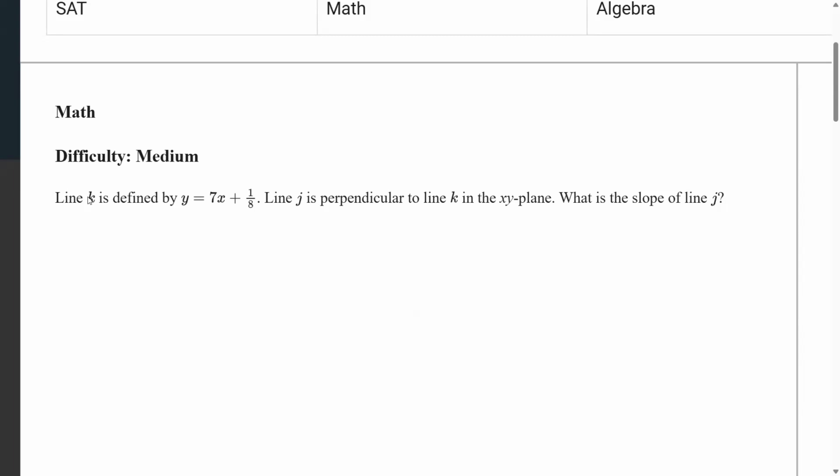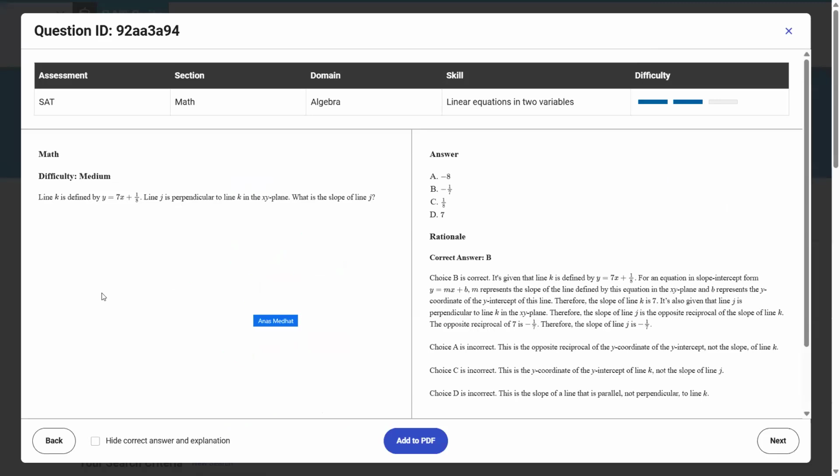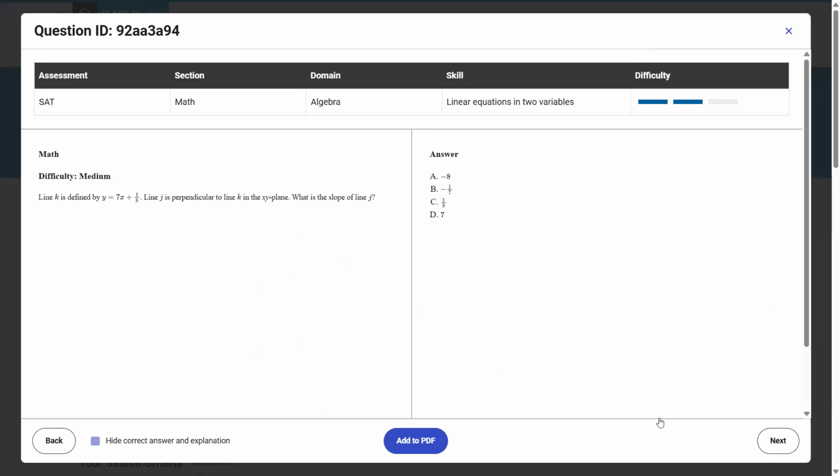We said that if two lines are perpendicular and one has a slope, the other slope will be the negative reciprocal. So this is the slope, so the other slope will be the negative reciprocal. The answer is B.